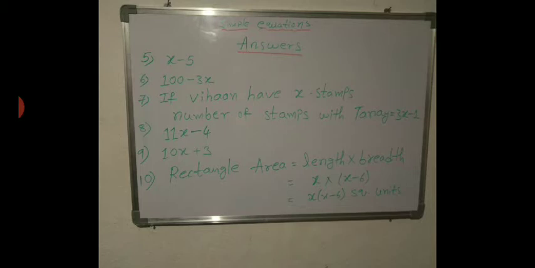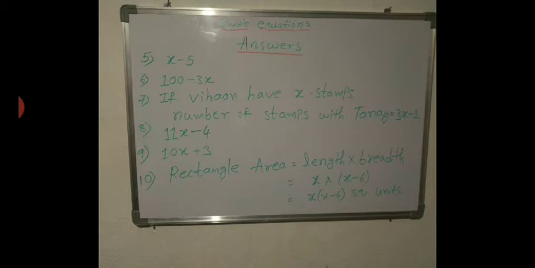Next, seventh one. The number of stamps with Tanai is 1 less than thrice the number of stamps with Vihan. Find a rule to determine the number of stamps with Tanai. First of all, Vihan has x stamps.